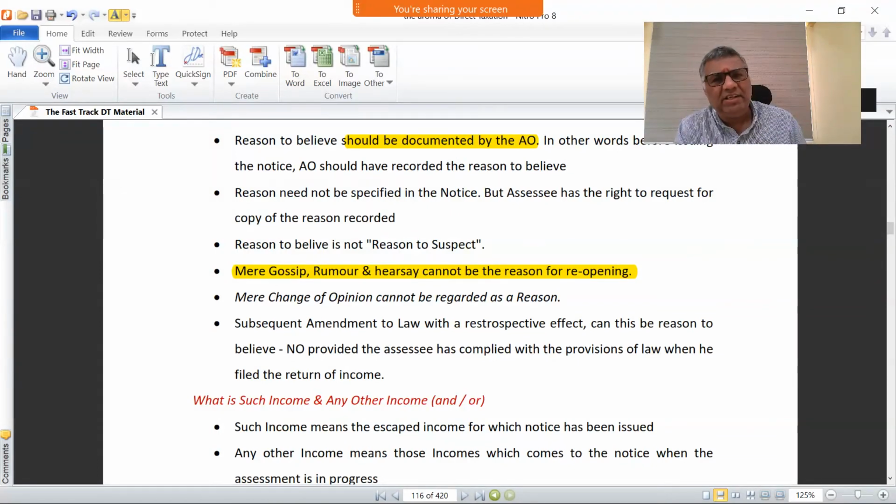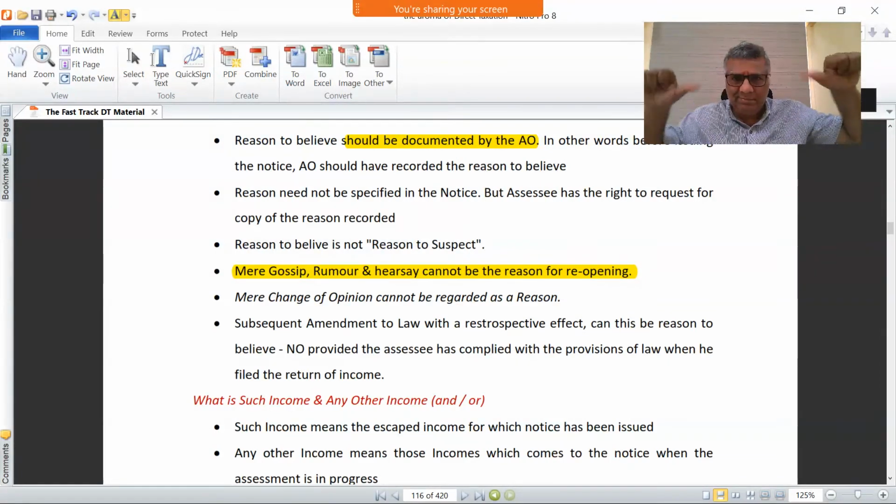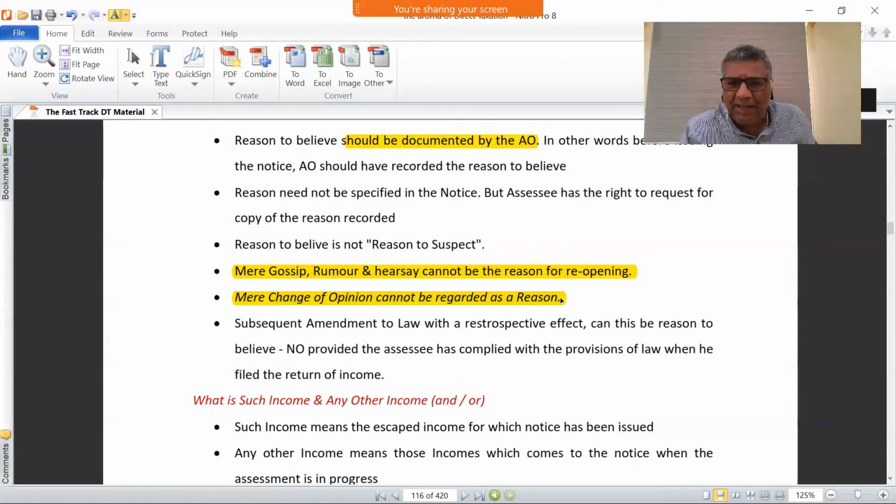I wrongly gave it as revenue expenditure. Let us reopen the assessment. Let us reassess the case. Mere change of opinion should not be treated as reason to believe. I changed my opinion. Till yesterday, I had a different opinion.